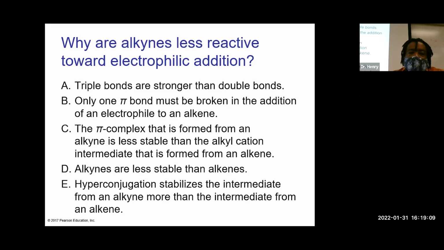C, the pi complex formed from the alkyne is less stable than the alkyl cation intermediate that is formed for an alkene. D, all alkenes are less stable than alkynes. E, hyperconjugation stabilizes the intermediate from an alkene more than the intermediate from an alkyne. What do you guys think?